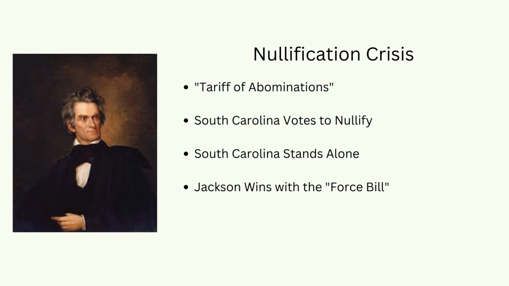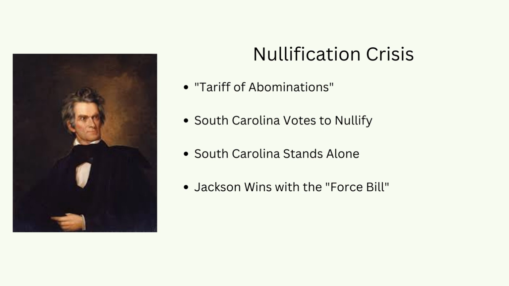Ultimately, what ends up happening is Congress passes a new tariff in 1832, which splits the baby a little bit. It gives some relief from the tariff. It's not quite as burdensome. And as a result, it gives South Carolina and John C. Calhoun a way to sort of back down and save face.